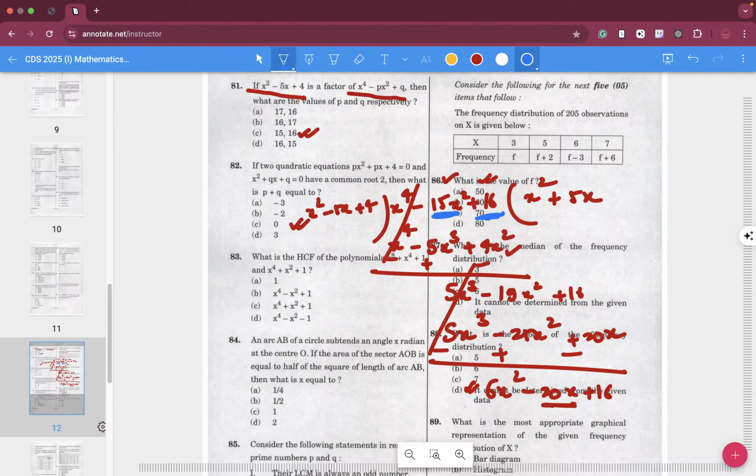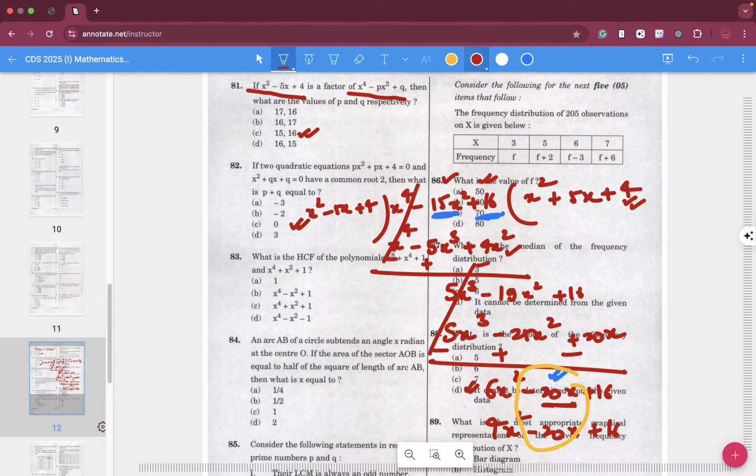There is no contention with the x term, so we have to get rid of it. So we'll be taking it by plus 4, and not by 6. So it is 4x square minus 20x plus 16. We have taken the value 4 in such a way that the x term gets cancelled.